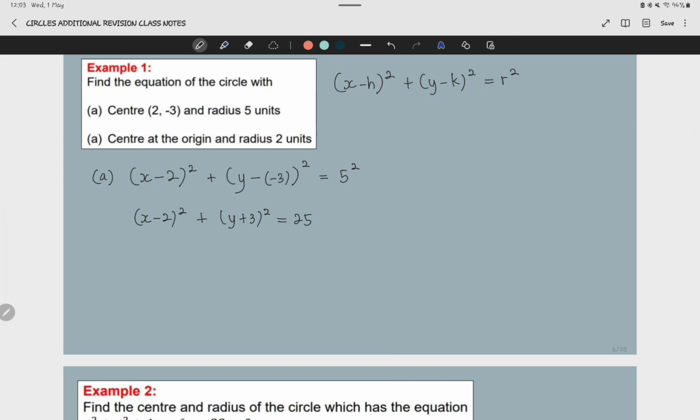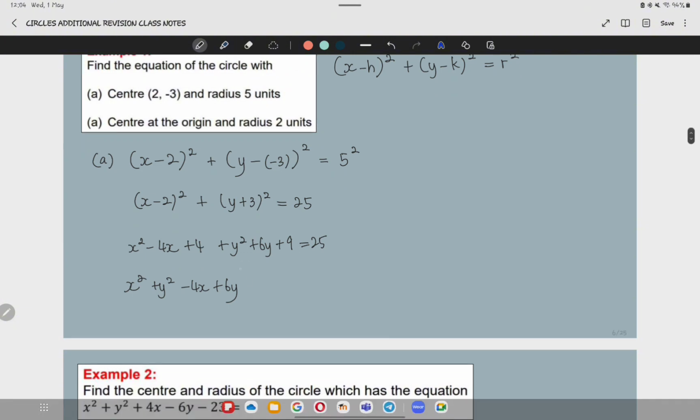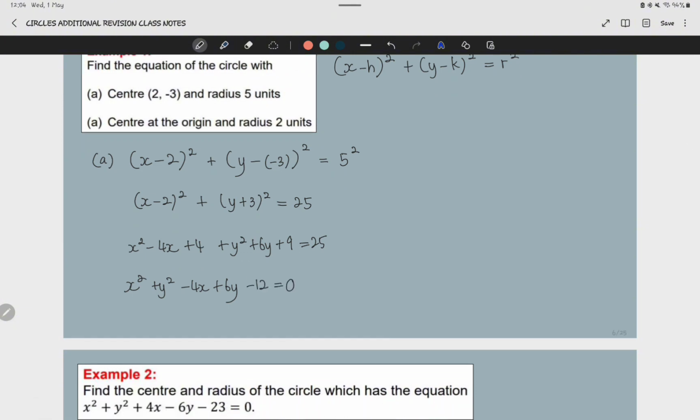So what we can do is we expand it. So it will be x squared minus 4x plus 4 plus y squared plus 6y plus 9 equals 25. Then you simplify again. x squared plus y squared minus 4x plus 6y. 4 plus 9 you get 13. 13 minus 25 you get negative 12 equals 0.